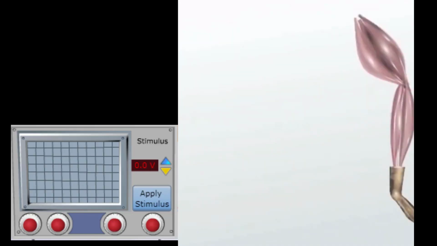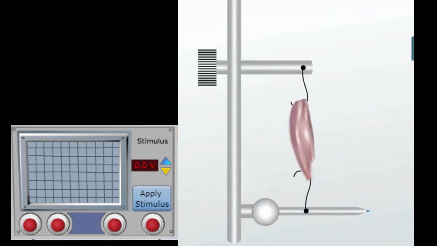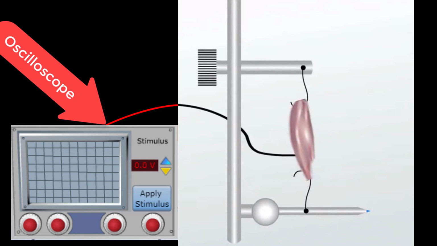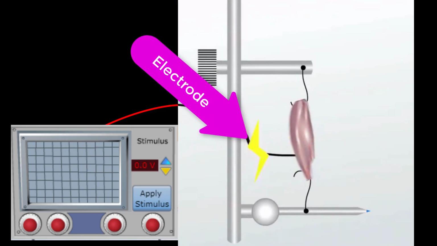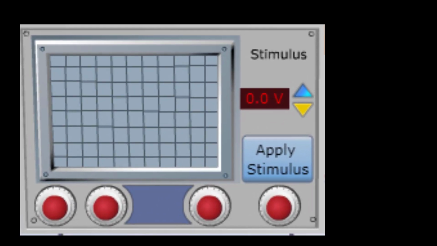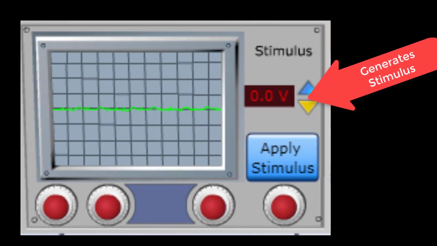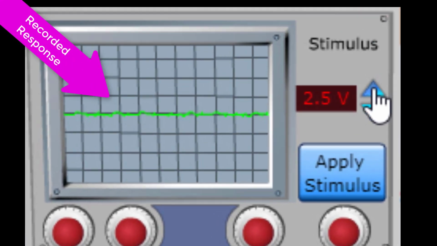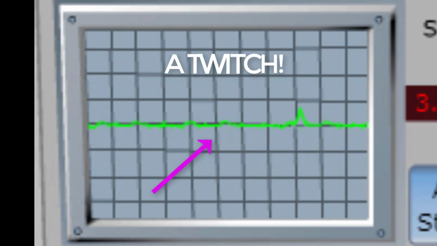The isolated muscle is attached to a ring stand that is wired to an oscilloscope. A stimulating electrode is clamped to the stand as well, with its tip resting on the muscle tissue. The oscilloscope is used to both generate stimuli of various voltage and to record the muscle's response to the stimulus as a twitch, indicated by a spike on the oscilloscope trace.